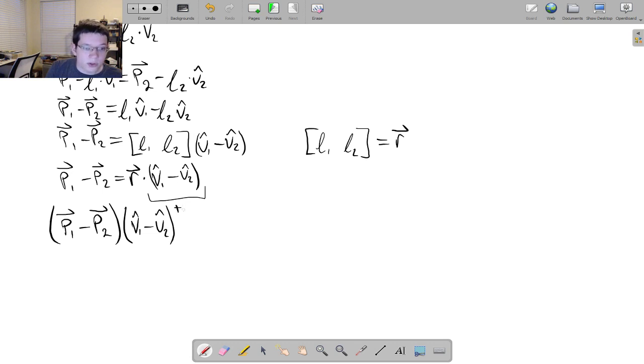And we're going to use the pseudo-inverse because this is not going to be a square matrix. Using the pseudo-inverse here is going to give us the least squares solution, so the place of closest approach of all of these vectors.